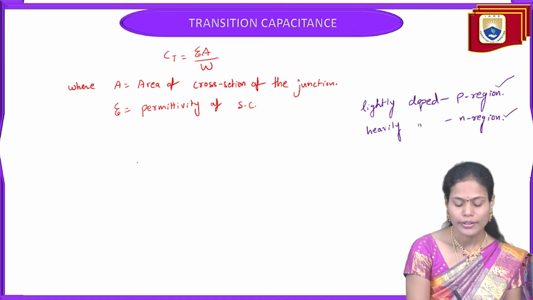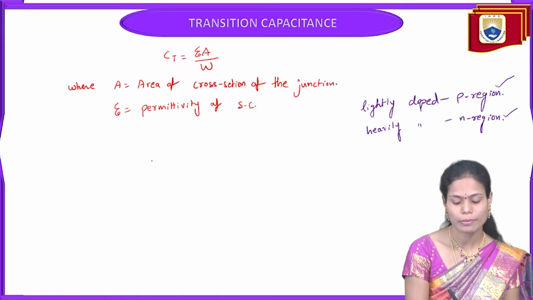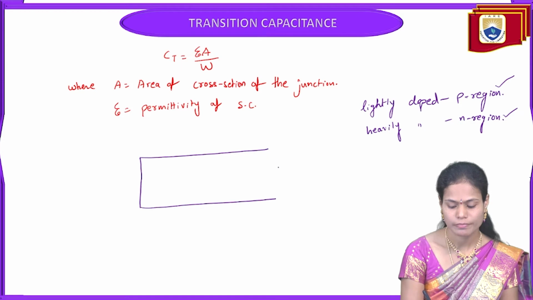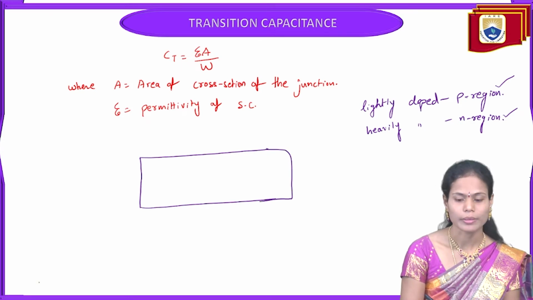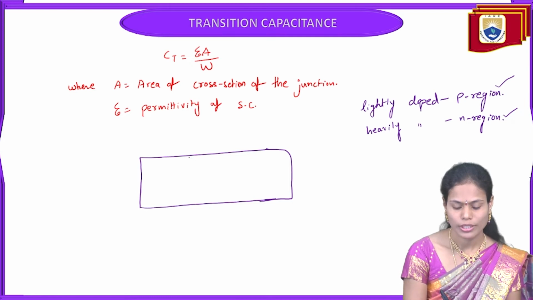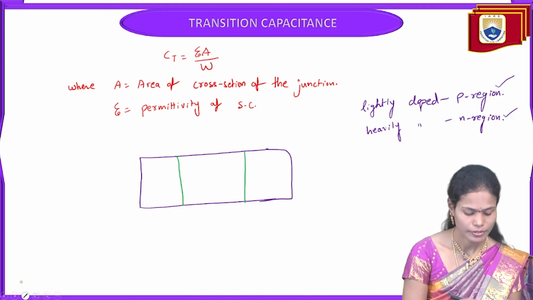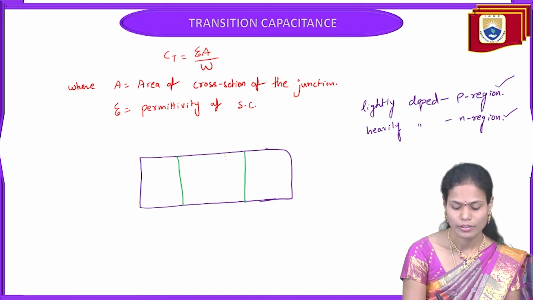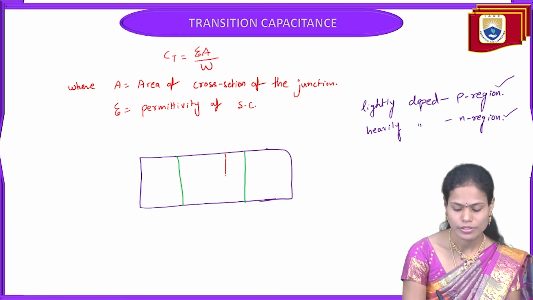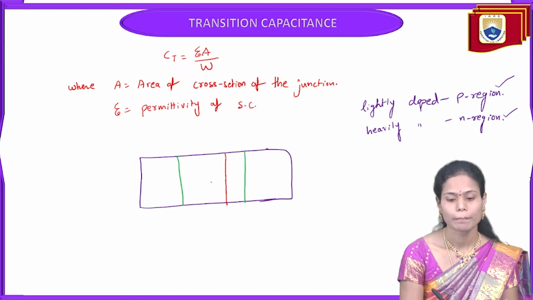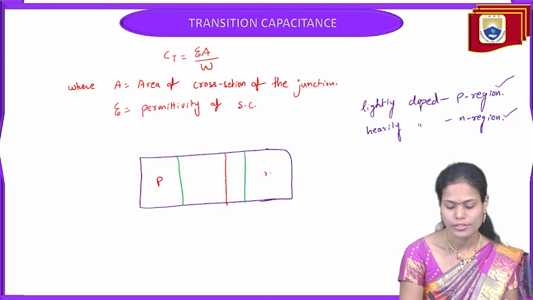When we take the PN junction diode in this situation, we get it like this. This total region I am taking, and in this, this is the depletion region in the P region, and this is the N region.